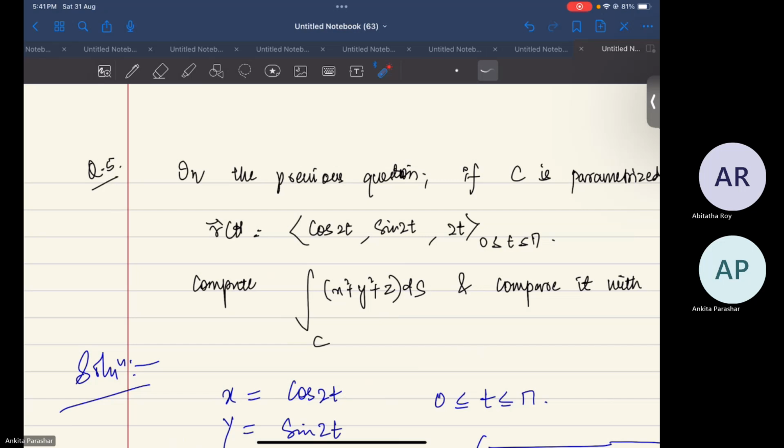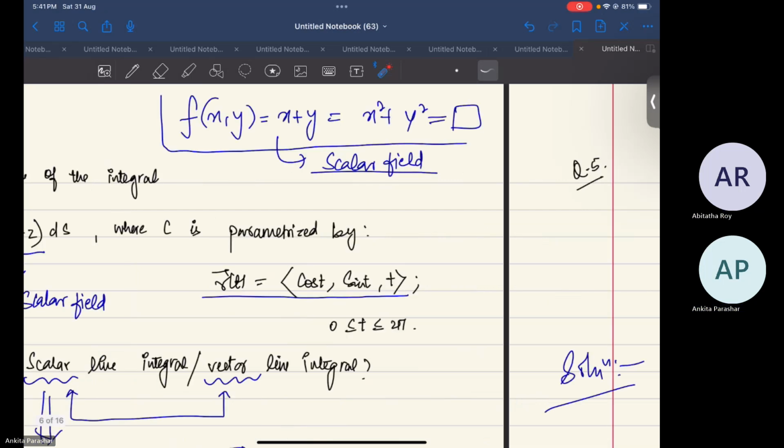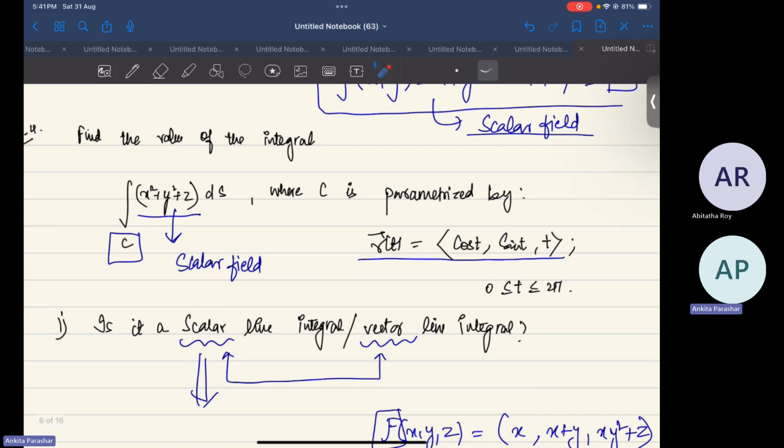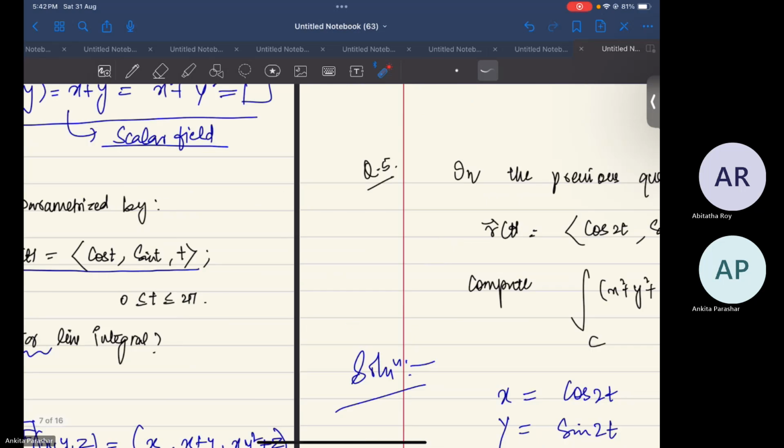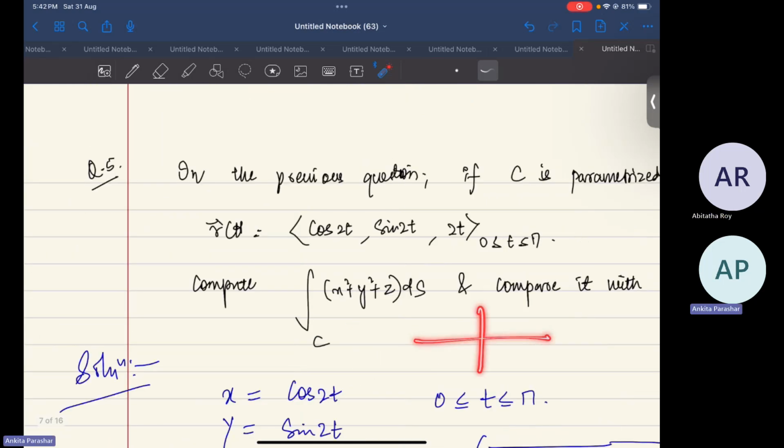Earlier, if I am asking you t equal to pi by 2, you were reaching pi by 2 only. Here you are reaching a different part. Suppose this t is from 0 to 2 pi, whereas earlier it was 0 to pi.